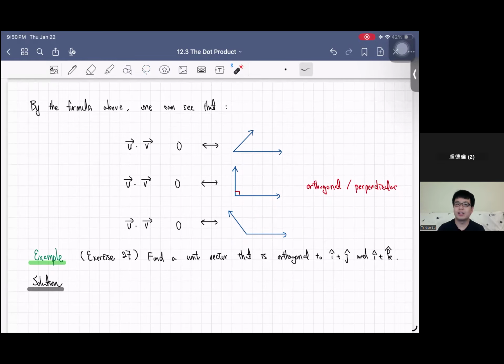Okay. So now we can interpret the dot product using a geometrical feature. If you're given two vectors, u and v, and they form an angle like this, I forgot to write down the vectors here, so u and v.